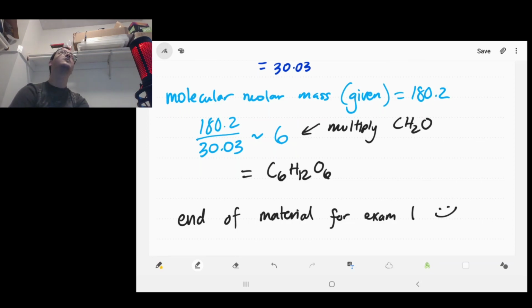Don't forget those. What else do we have? We talked about classifying matter. We talked about states of matter. We talked about physical properties, physical changes. So all those things, don't forget them. You have an exam on Monday, so it would be good to work with those.